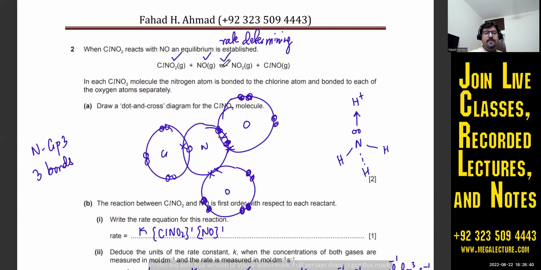If you speed up this, the rate of the reaction will speed up, right? So that means rate depends on ClNO2 and it depends on NO because that's the only step, right? If it were multi-step there would be another issue, that the rate would depend on the slow step. But in this case, rate only depends on ClNO2 concentration and depends on NO concentration, right? And it's going to be order one with respect to both of them.